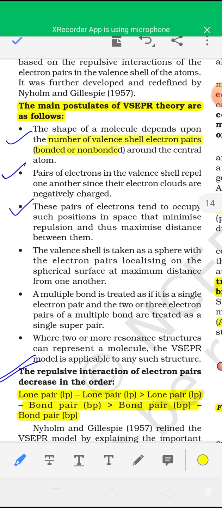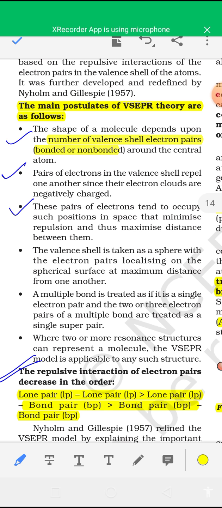Second point, the electron pairs in the valence shell repel one another because their electron clouds are negatively charged.